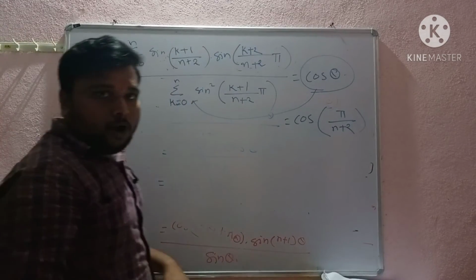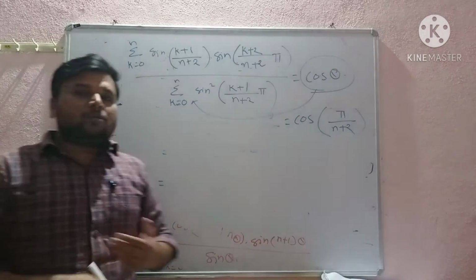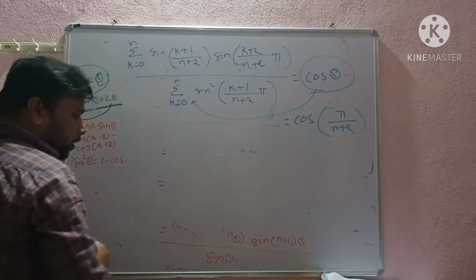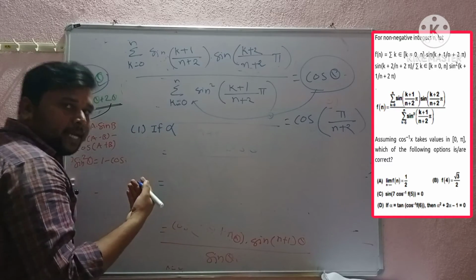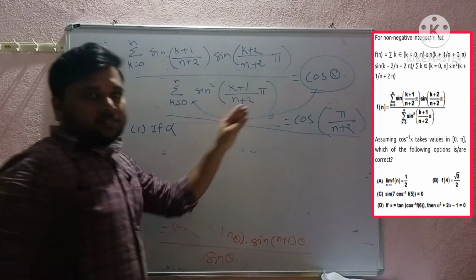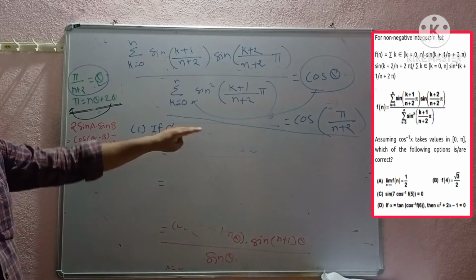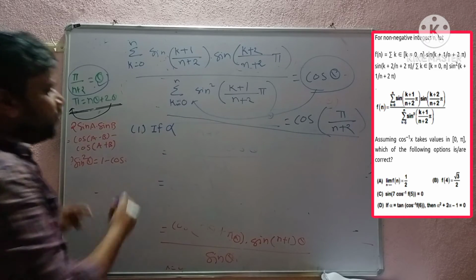Now come to our option number 1. Now we have to realize which options are right or which options are wrong. Now come to option number 1. It's just a cakewalk now, it is very simple. Up till this the procedure was somewhat difficult. Now we have to simplify and solve these options. It's very simple.